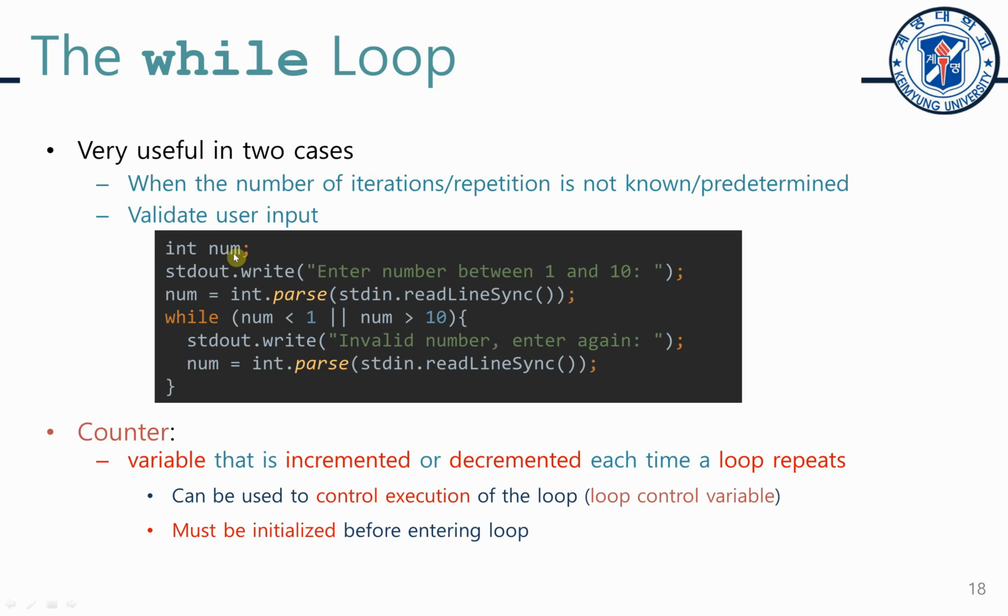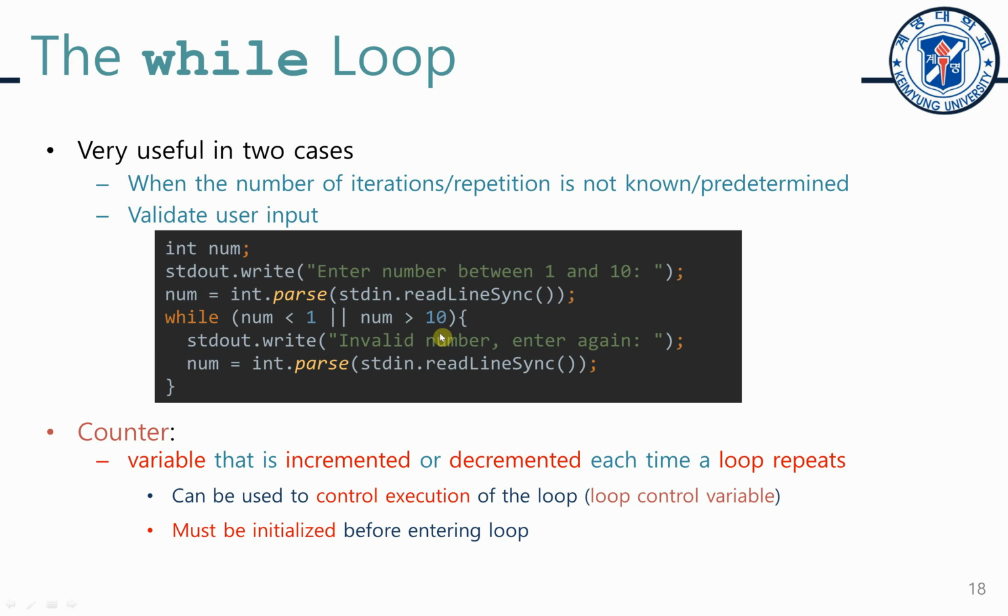We declare our variable num, and first we ask the user to enter a number between 1 and 10, and then we receive that number and check whether it is between 1 and 10. While num is less than 1 or greater than 10, this is an invalid number, so the user will be asked to enter the number again.